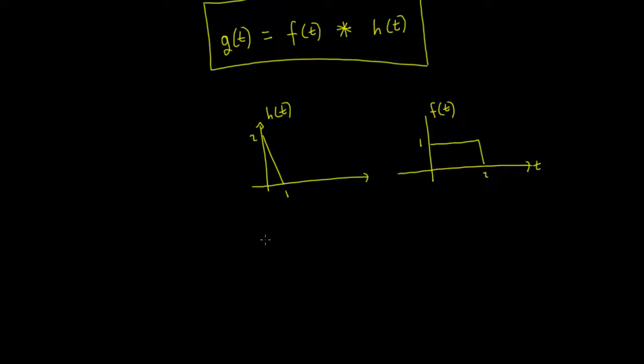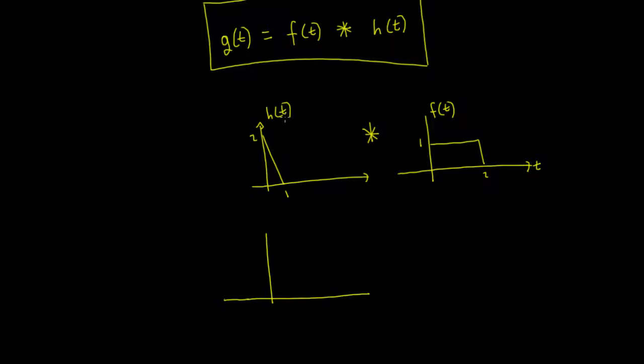Now, in order to convolve these, we've got to pick one of them. It doesn't matter which one, so let's say we pick h of t, and we're going to flip it over this axis. We're also going to introduce a dummy variable called tau.